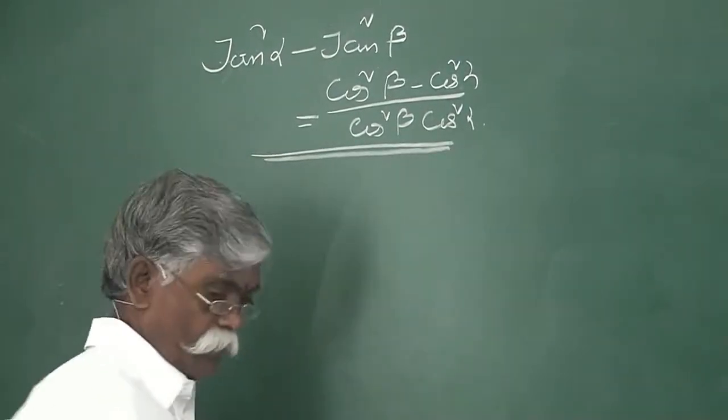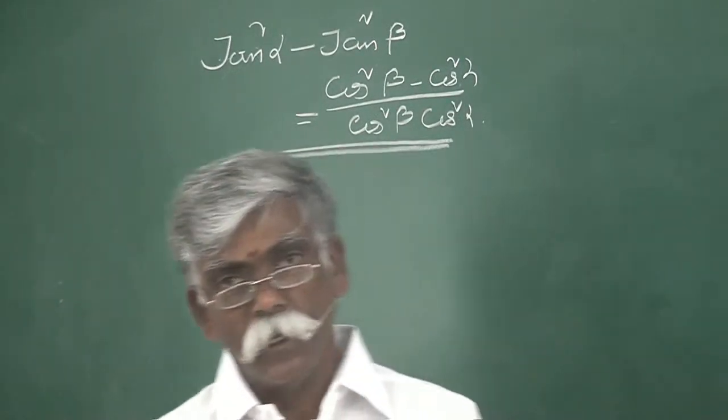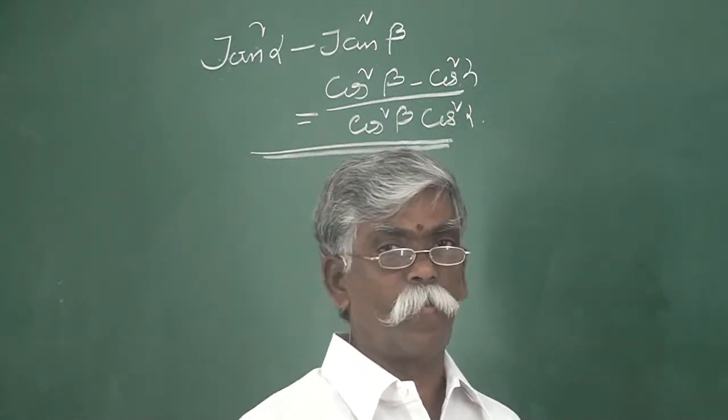This is the problem. The left hand side is completely given in terms of tans, and the right hand side is given in terms of cosines.